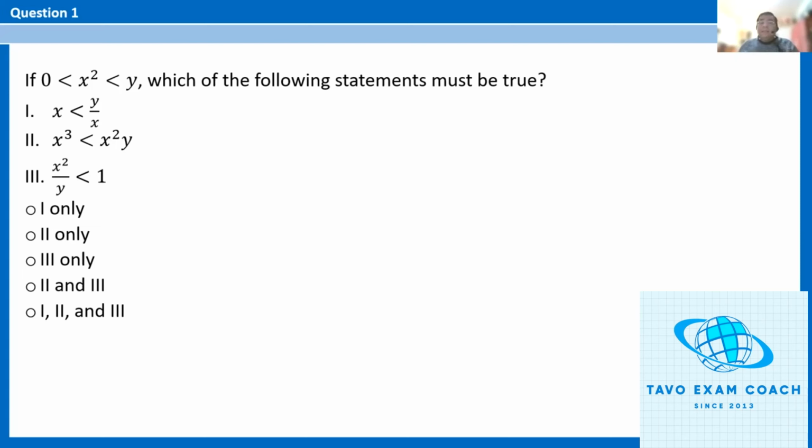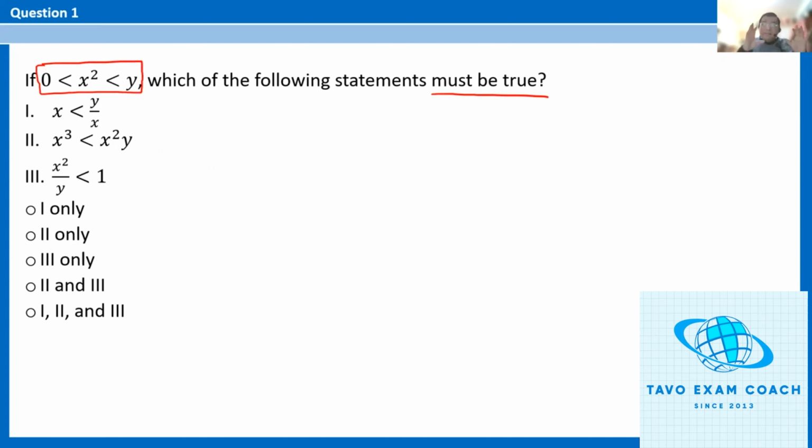The fact that the question asks us to determine the statements that must be true means that we are trying to check which of these statements is valid in all cases that coincide with this background premise.